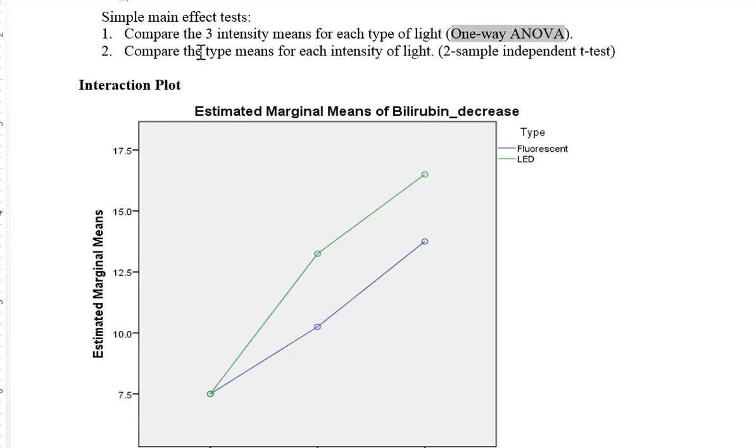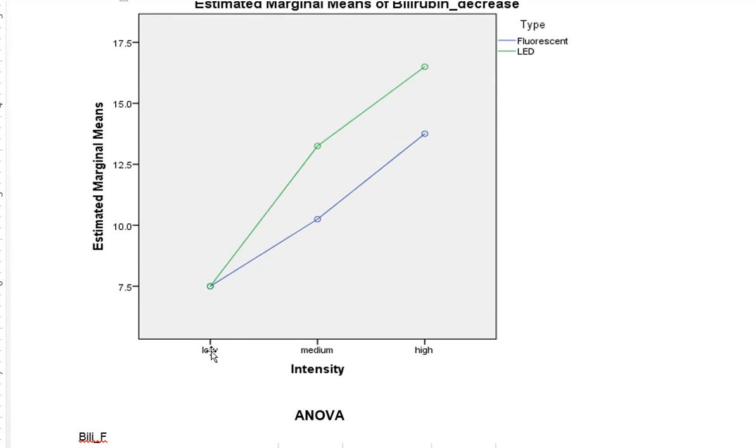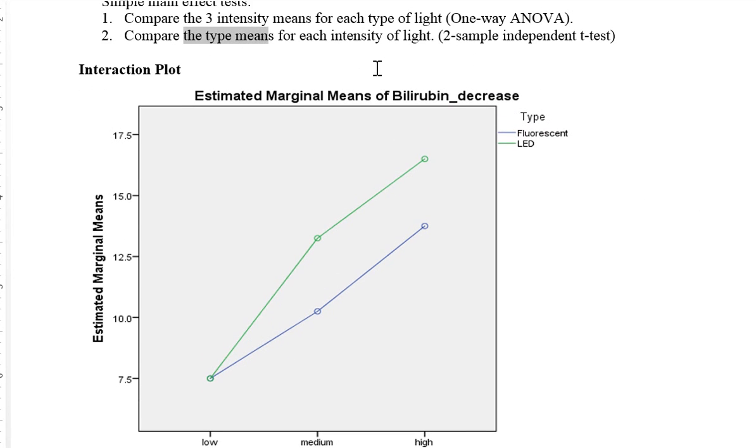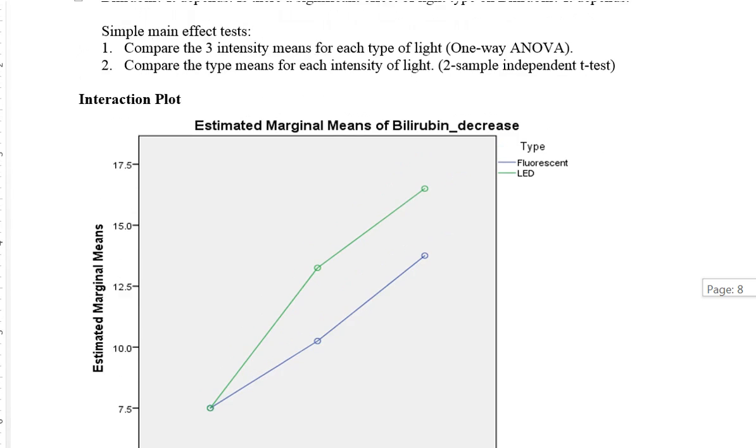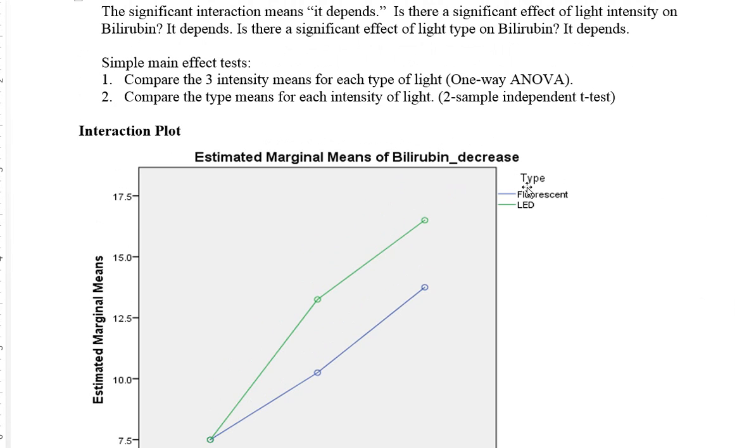And then compare the type means for each intensity. So that's here, if we go down, for low intensity, compare the 2 different means, blue to green. For medium intensity, compare the means blue to green, and for high, and see if they're statistically different. Okay, so those are the 2 simple main effect tests that we need to do, is do those 2 comparisons.